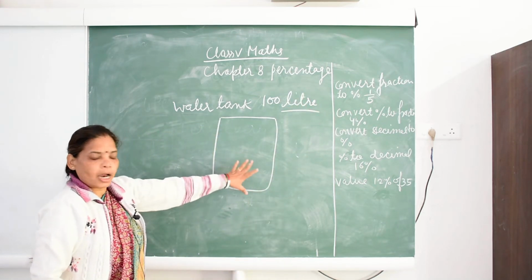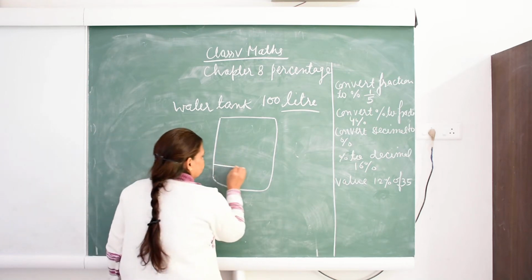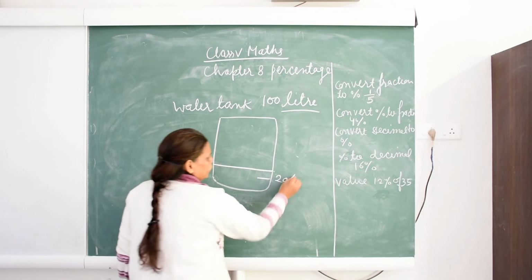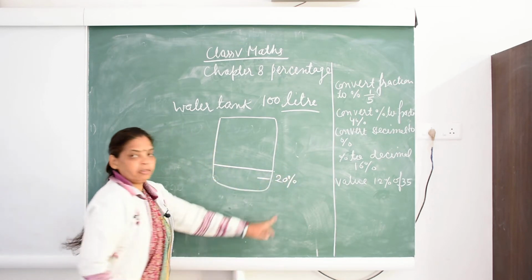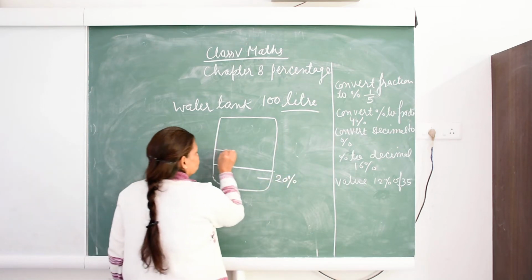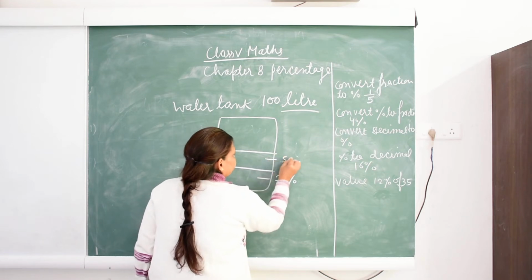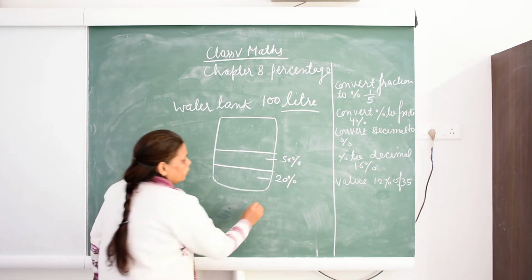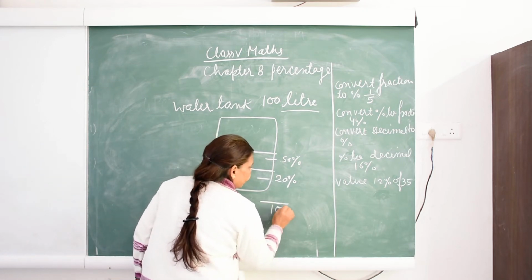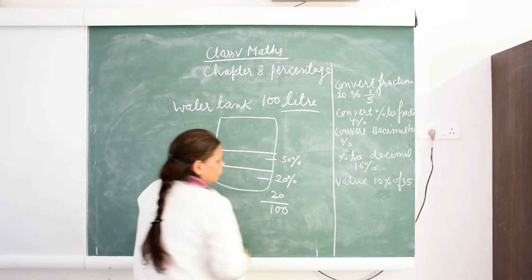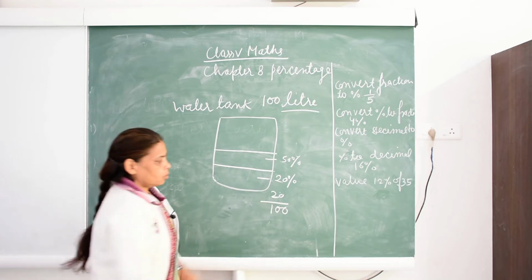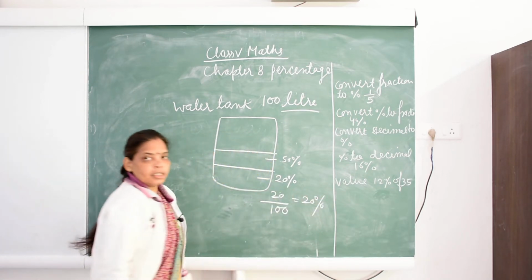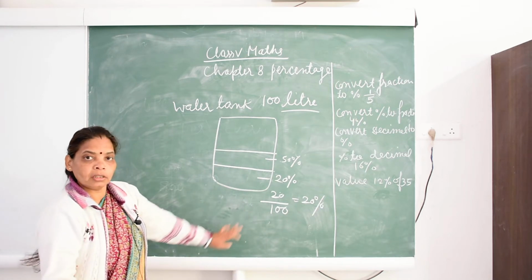Overall part is 100. So if 20% is filled with water, it means the total capacity is 100 and 20 is filled with water. So the tank is 20% filled with water.